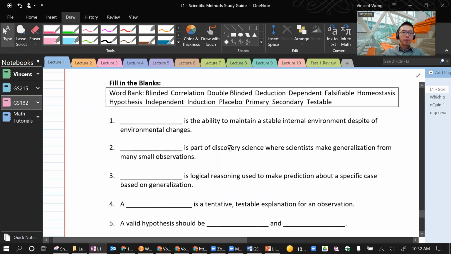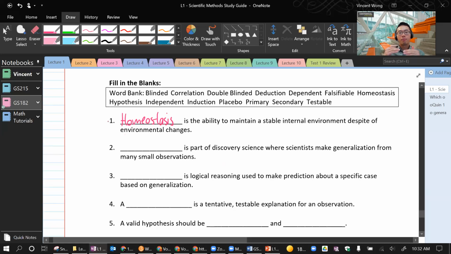Okay, quickly fill in the blanks. Something is the ability to maintain a stable internal environment. That is homeostasis. Part of discovery science, where scientists make generalizations from many small observations.